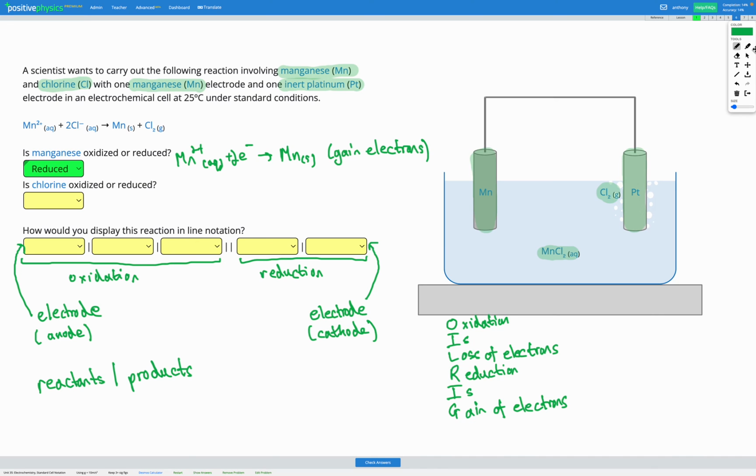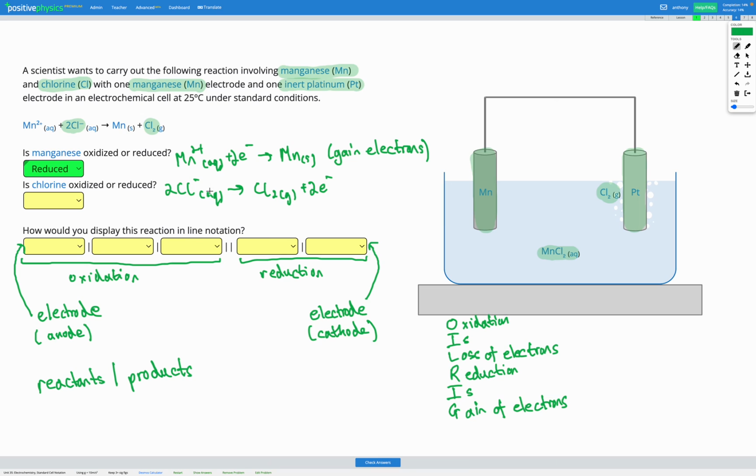What about for chlorine? We're starting with 2Cl- on the left and ending up with Cl2 on the right. So we've got 2Cl- aqueous on the left. We're ending up with Cl2 gas on the right. So right now our charge on the left is 2-. So we're going to need to add 2 electrons on the right hand side so that our charge is 2- on both sides of our equation.